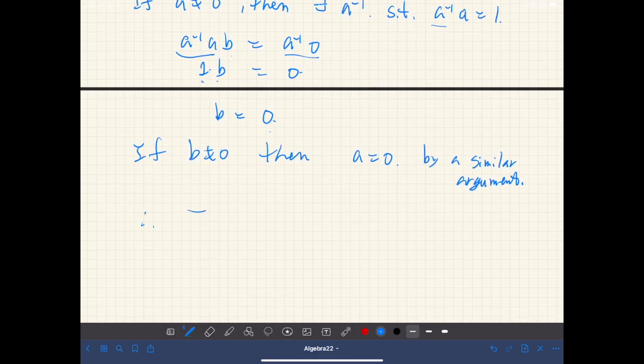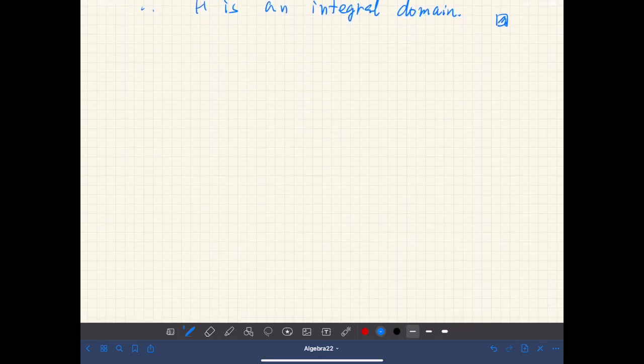Therefore, F is an integral domain. And we are done. The converse of this theorem is not necessarily true, but we have something similar.